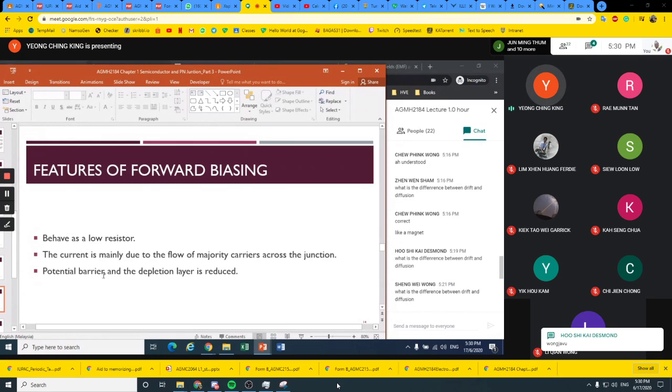And the potential barrier and the depletion layer are reduced. All right, because in the original condition, the positive charges and negative charges at the depletion region are in equilibrium. So when supply voltage is applied to it, the depletion layer is reduced, and all the charges can cross through it.